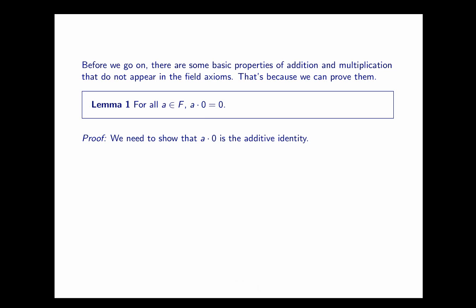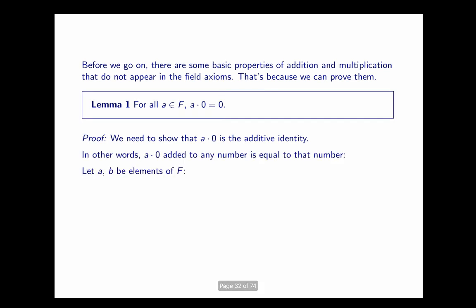So to prove it, we would need to show that a times 0 is the additive identity. In other words, a times 0 plus some number yields that same number. So let both a and b be elements of F. a times b is a times b plus 0. In other words, b and b plus 0 are the same thing because 0 is the additive identity.